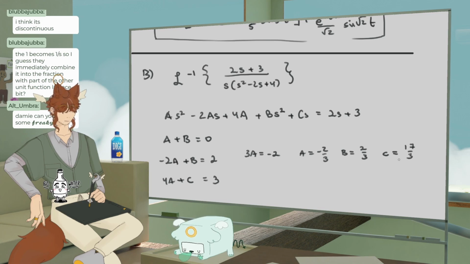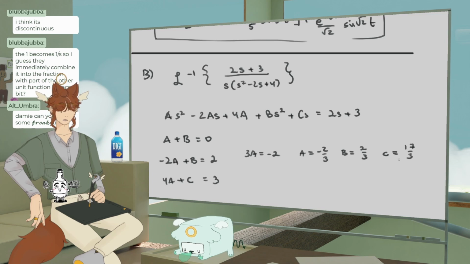Negative 0.67, wait, 2 thirds. Yeah, 17 thirds. No, okay, I did that one wrong. Oh, A's negative. Wait, yeah, wait, what?